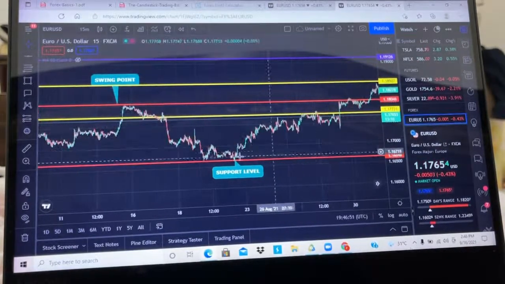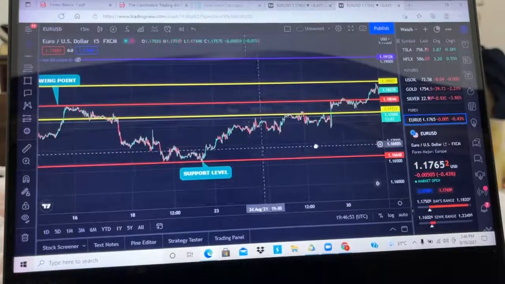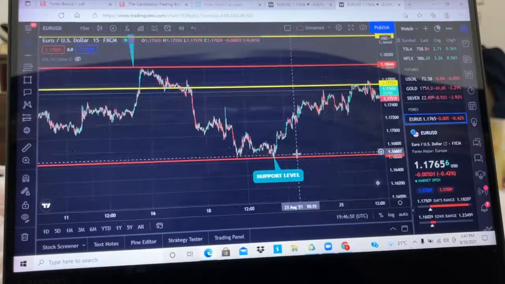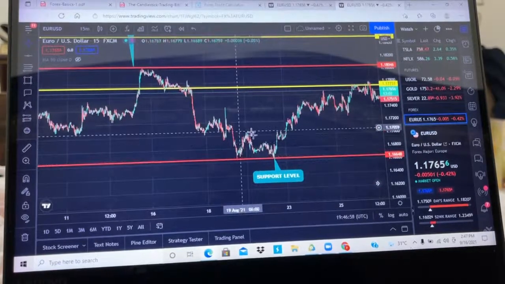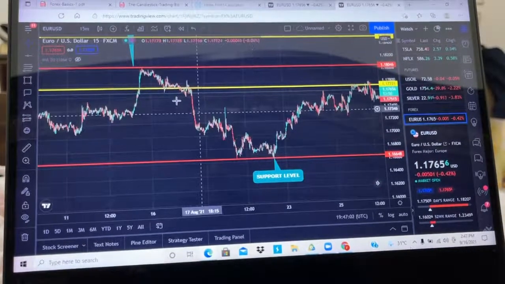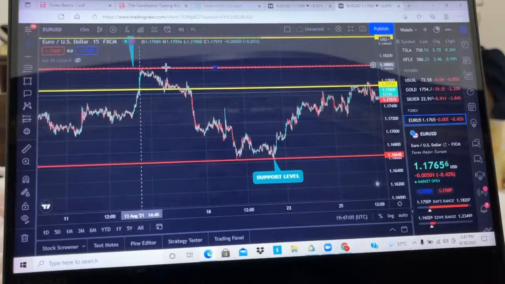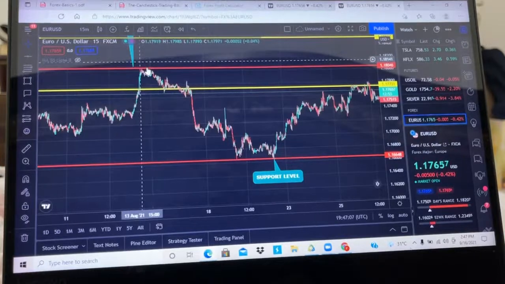It is also evident the 15-minute time frame has much more support and resistance swing points. Because on the 4-hour, the point that we marked for the swing point was all the way at the top.